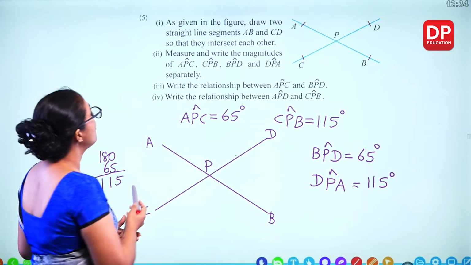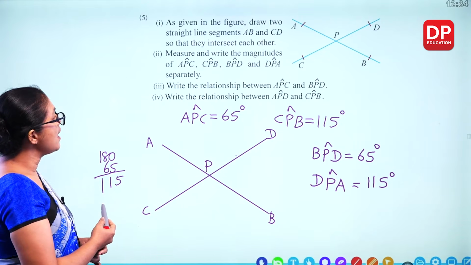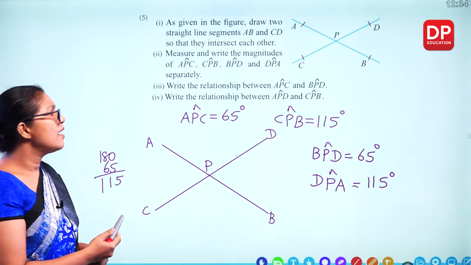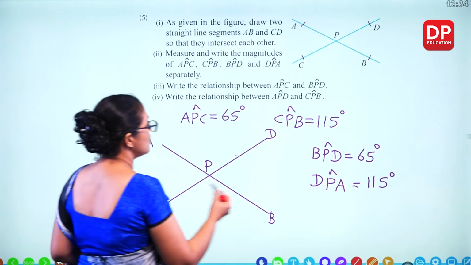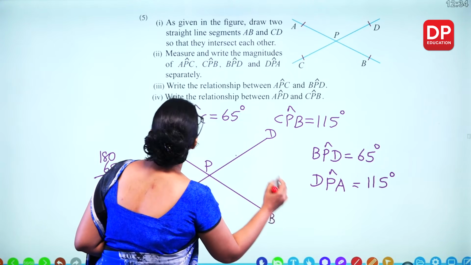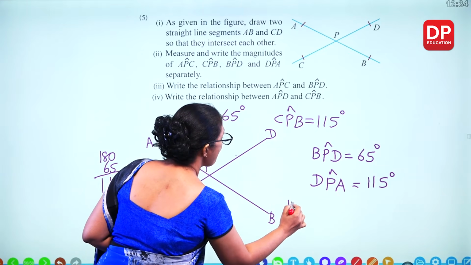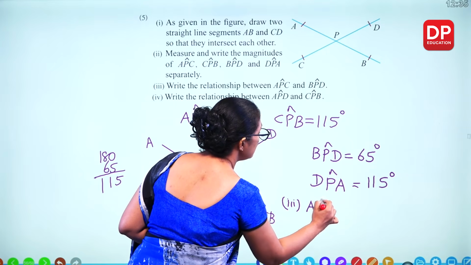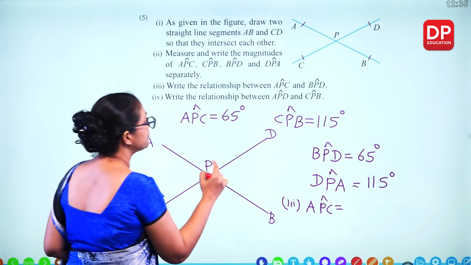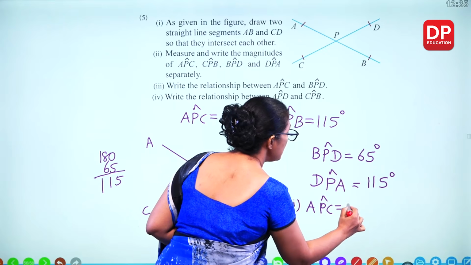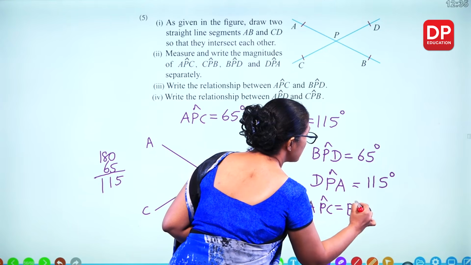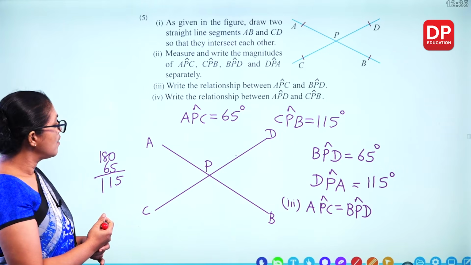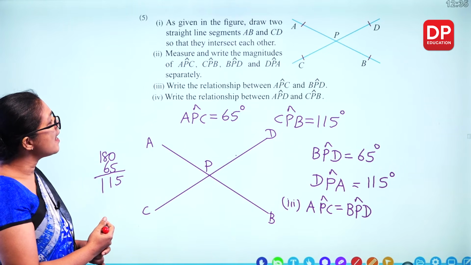Now, write the relationship between APC and BPD. Both are equal. So this is the third part, APC angle and BPD angles are equal. What are those? Opposite angles are equal.